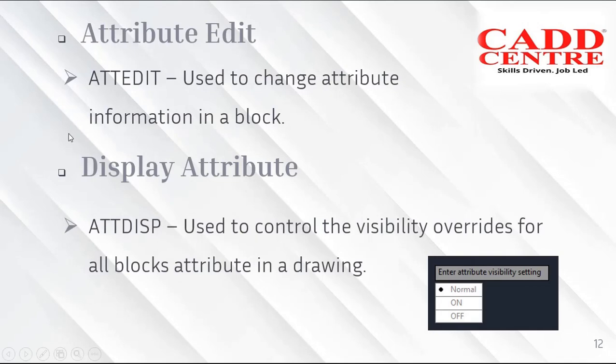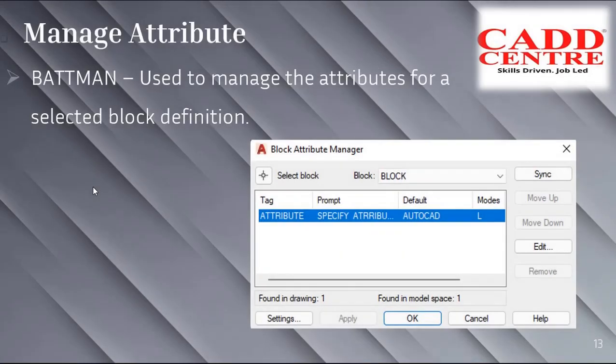After that, we covered attribute edit command, which is used to change attribute information in a block. Next is display attribute, which is used to control the visibility overrides for all block attributes in a drawing. And after that, we covered manage attribute, which is used to manage the attributes for a selected block definition.